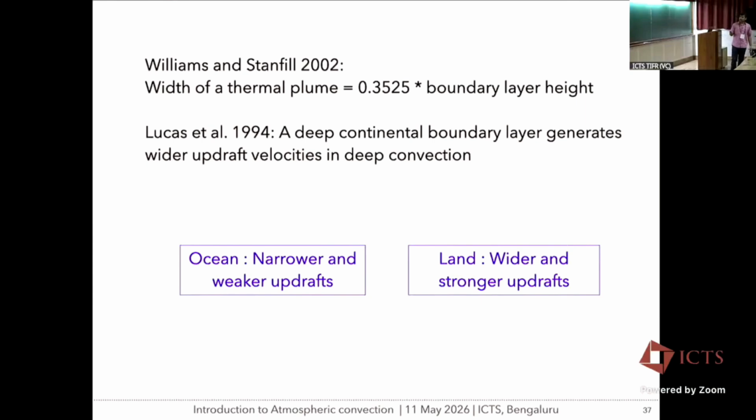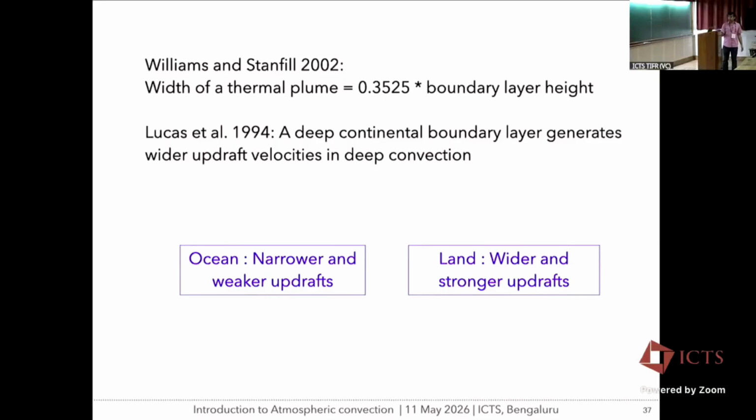And then there was also one observation from Lucas et al. 1994 that continental boundary layers are deeper, and hence they generate wider updrafts. So what essentially I'm trying to say is, over ocean we have a narrower and weaker updraft, and over land we have a wider and stronger updraft.